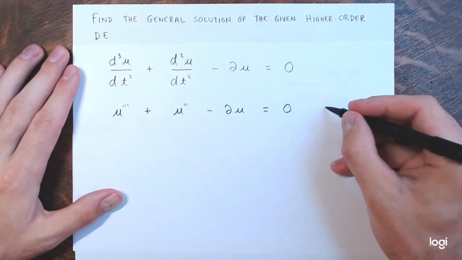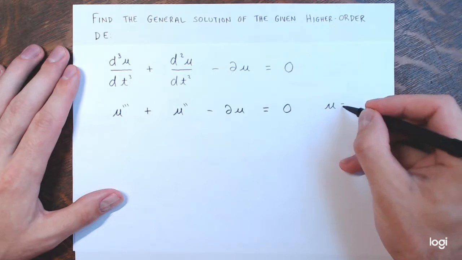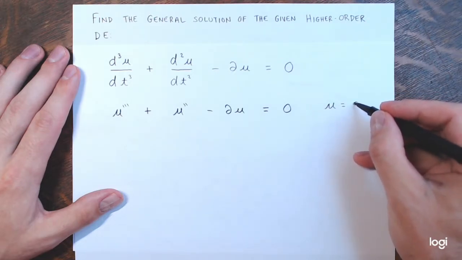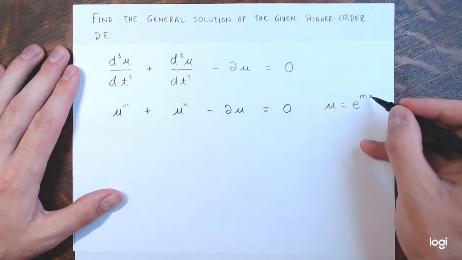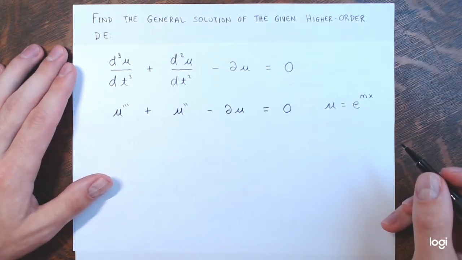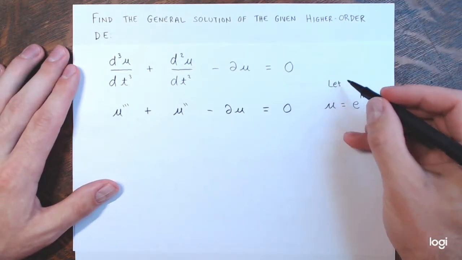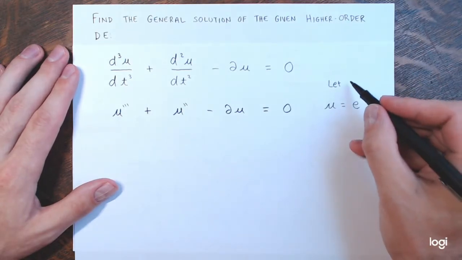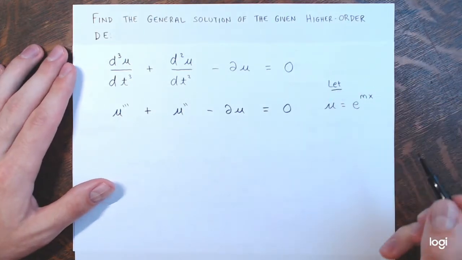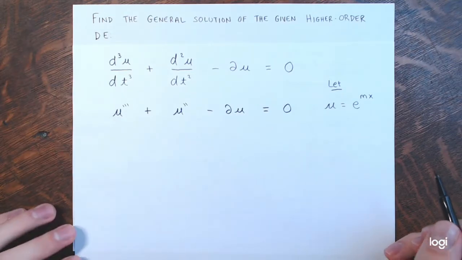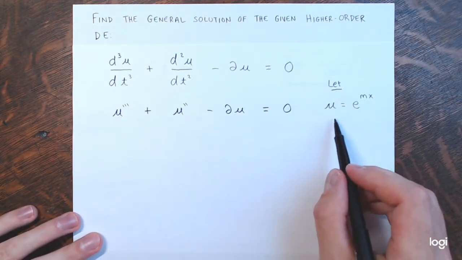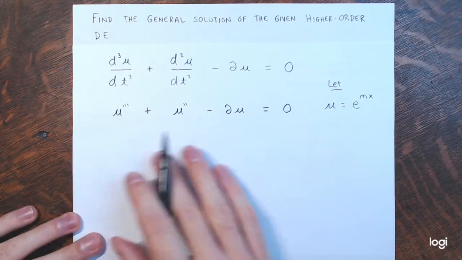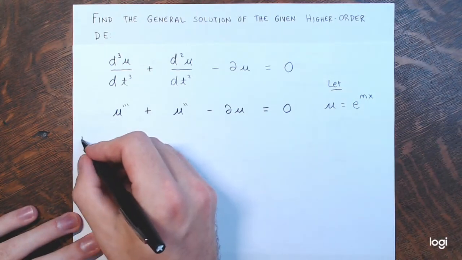So if that's the case, I'm going to let u be replaced by e to the mx, just like before. Again, for these linear homogeneous differential equations with constant coefficients, we make this substitution when we start trying to solve it. Alright, so if we went to the third derivative and put this in and divide it by e to the mx, we get our auxiliary equation.